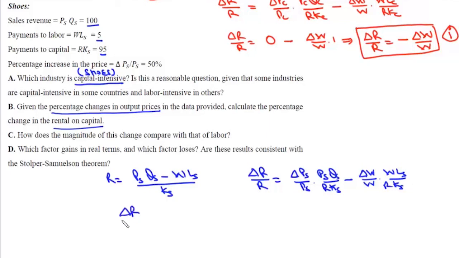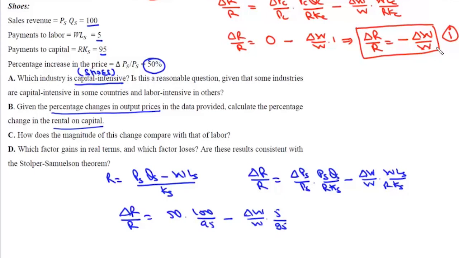Now this is delta R upon R. Now percentage change in price is 50%. So it will be this 50 into PSQS upon RKS. Now PSQS is 100 and RKS is 95 minus delta W upon W, and here will be WLS, which is 5, and RKS, which is 95.